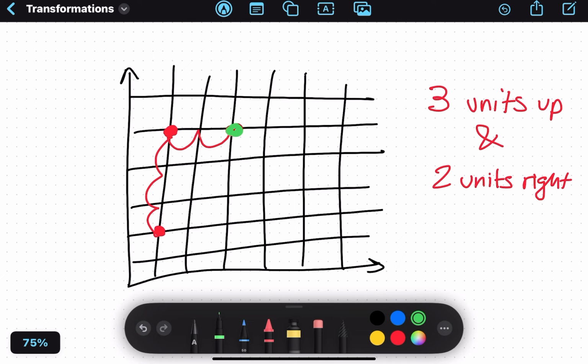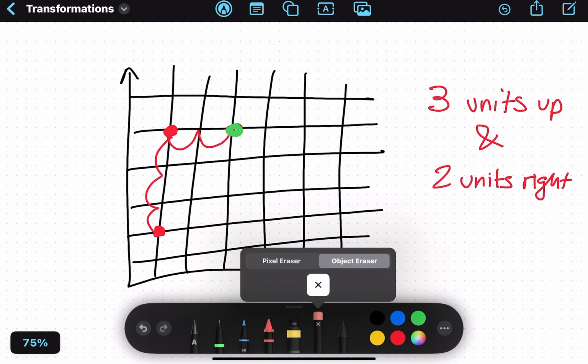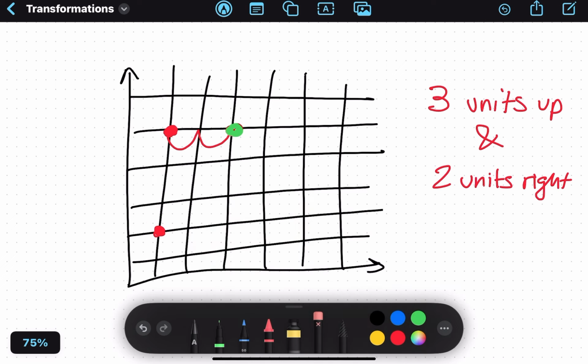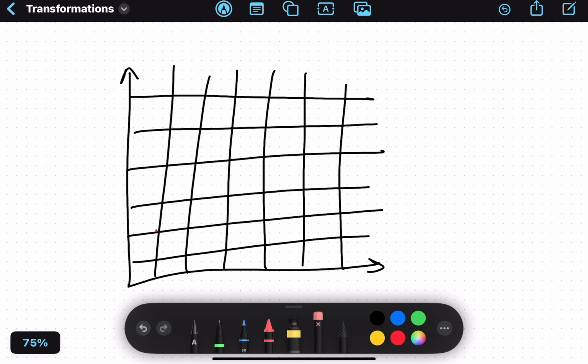Same thing applies if you were to do it down and left, you would just move the point in that direction. So now let's say instead of just a simple point, we have something that's more of like a graph, like a line. All you have to do is shift that line in general.